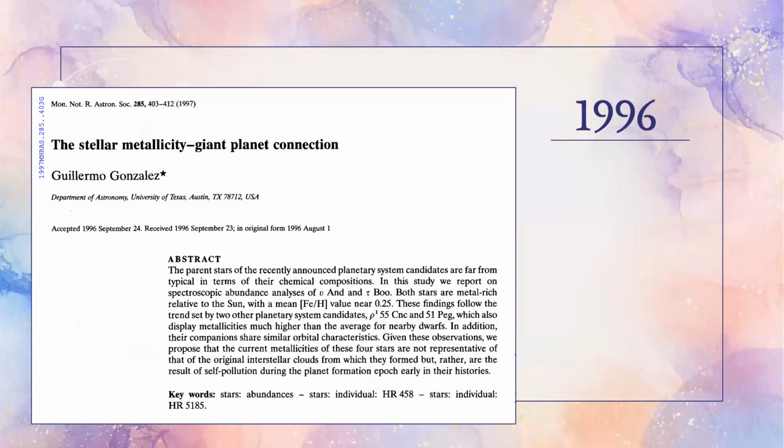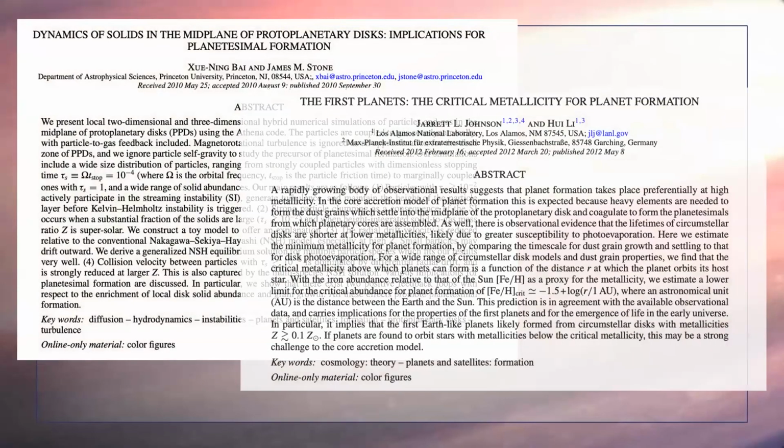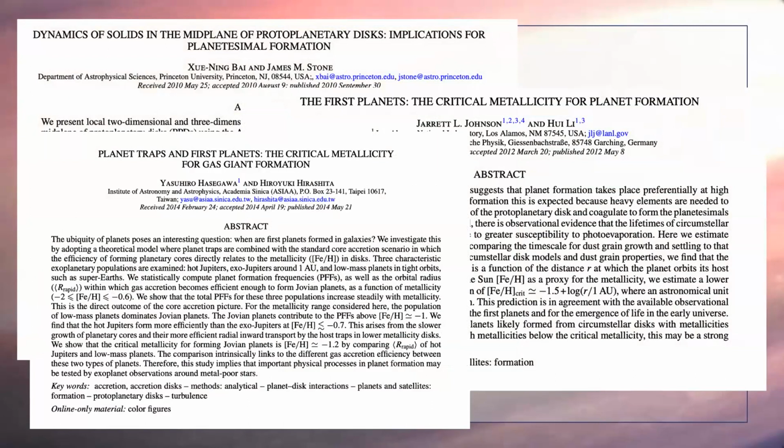It's a wonderful paper that spurred on this idea of looking at how host star metallicity corresponds to giant planet occurrence rates. Several different works and theory papers were published trying to figure out what this critical metallicity limit is that causes planet formation to begin within our galaxy.